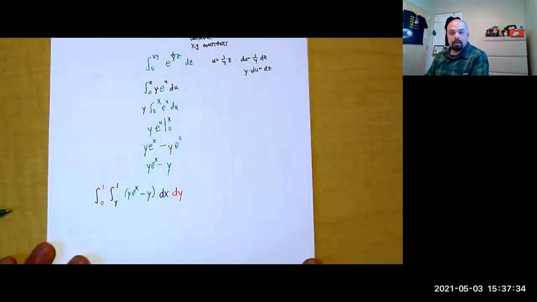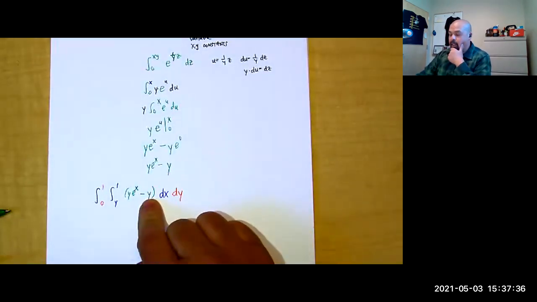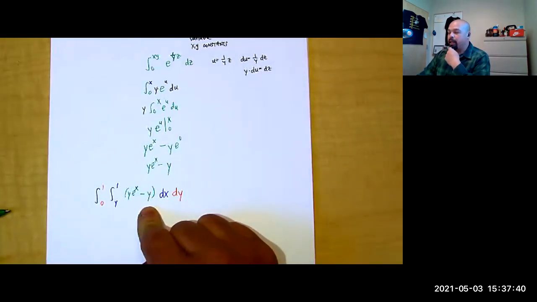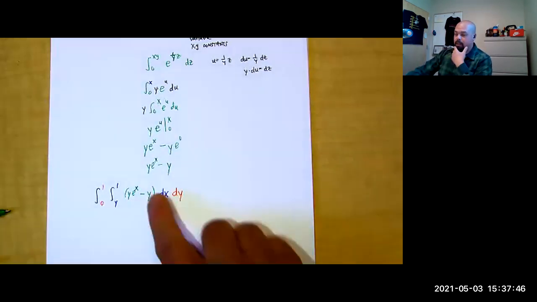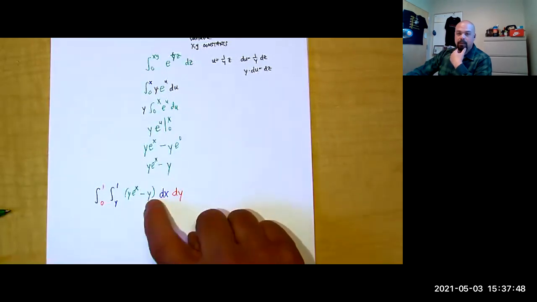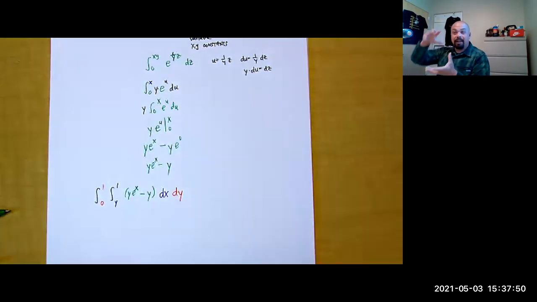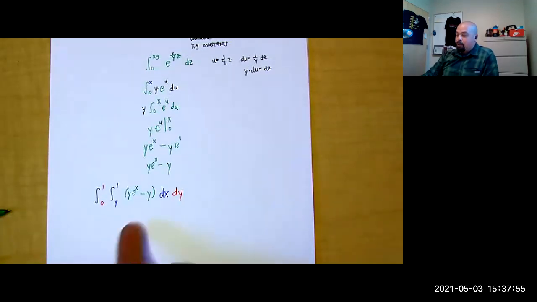Okay, we did the dz already. And again, this will be very similar to integrating the volume trapped between the surfaces, upper surface y e to the x, lower surface y. Find that volume in that space, okay? Trapped between those surfaces.